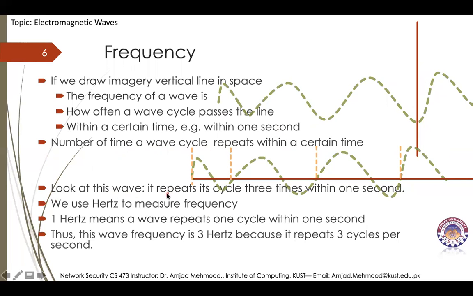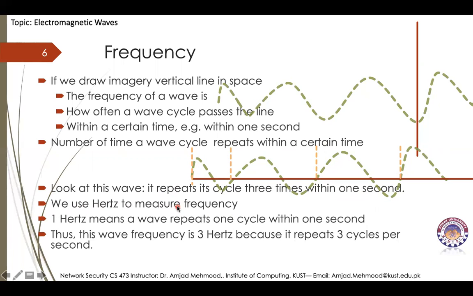Look at this wave. It repeats its cycle 3 times within 1 second. You can see here this is one cycle, second and third. So this is cycle number 1, cycle number 2, and cycle number 3. These 3 cycles are passing through a line within a second. So we call this frequency.